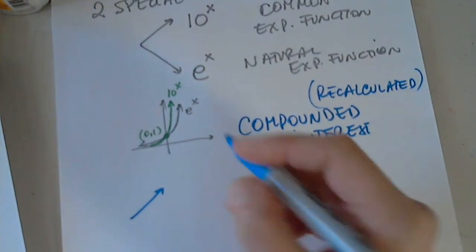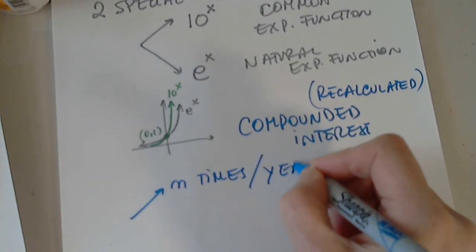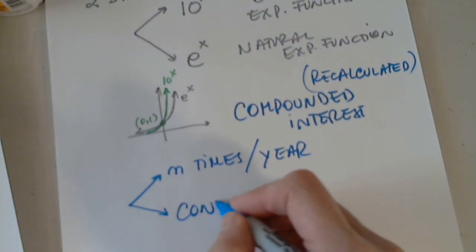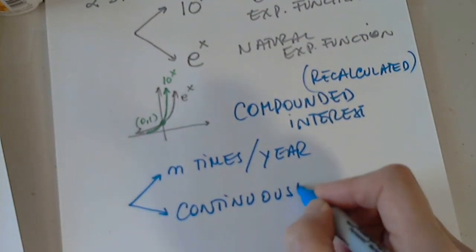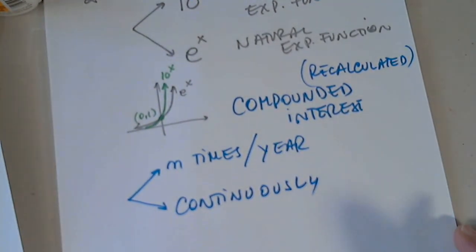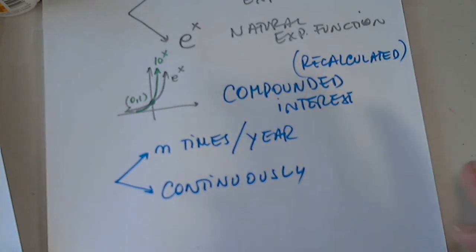The interest can be compounded n times per year, or it can be compounded continuously, which means every second. Of course, the formulas are different. Of course, you will not have to memorize them. They will be given to you.